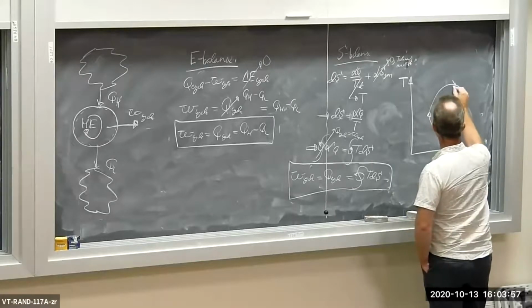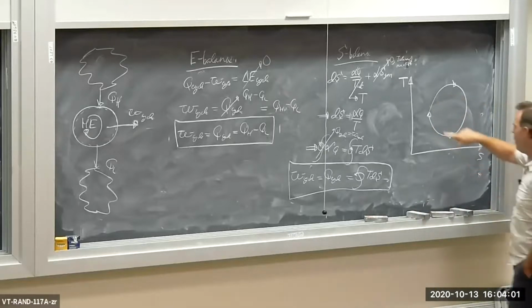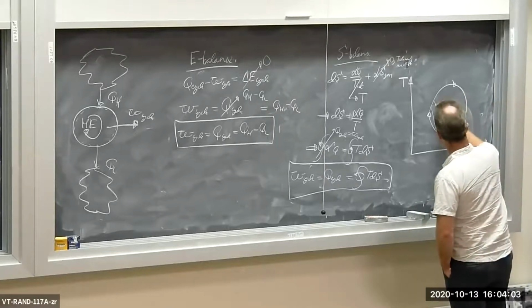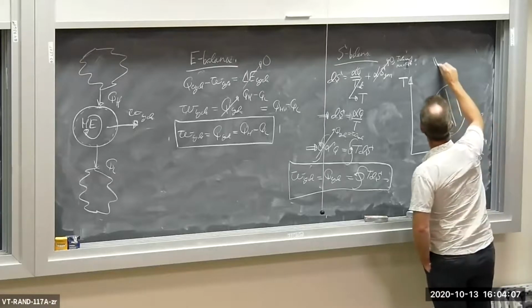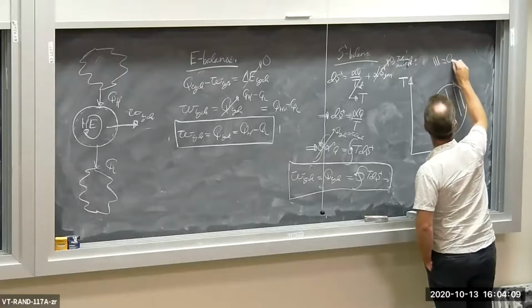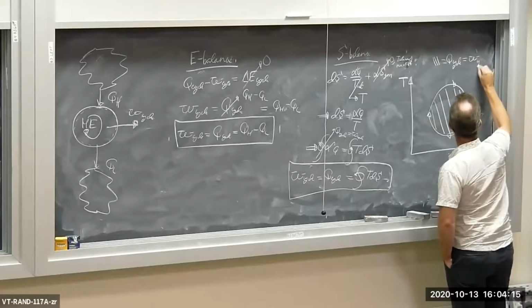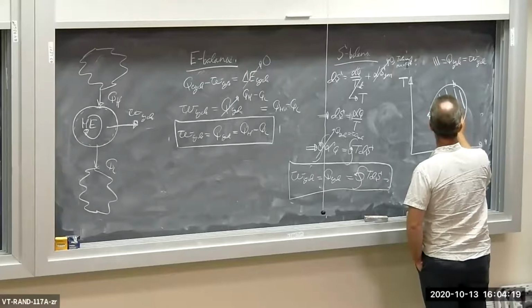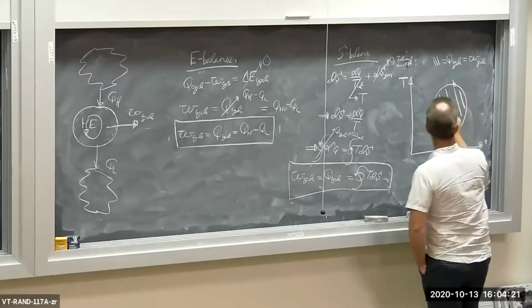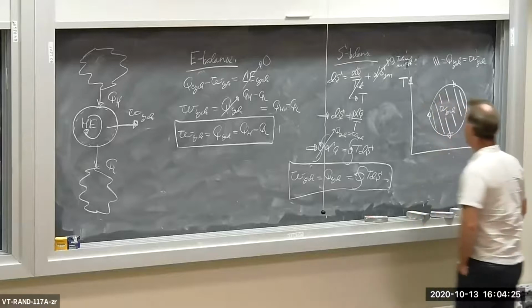There's my cycle, just a circle, let's say. The area bound by the TS curve is the heat added over the cycle, which is the work produced over the cycle. So this area in here represents my cycle work, W cycle.